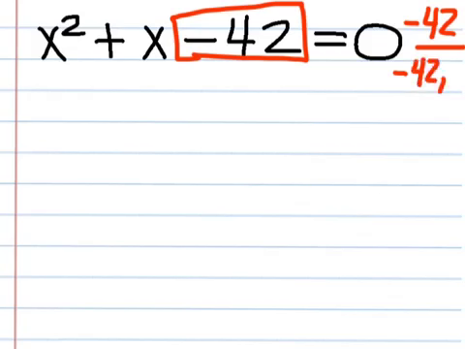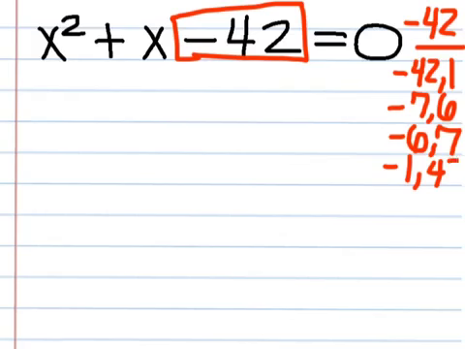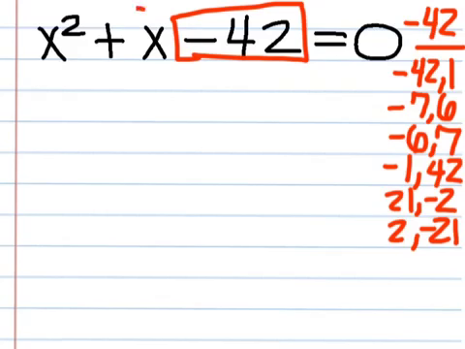Negative 42 and 1, negative 7 and 6, 6 and negative 7. Let's see here. Negative 21 and 2, 21 and negative 2. Am I missing something? Yes, I am. Negative 12 and 3, I think, right? Okay, that's enough anyway.